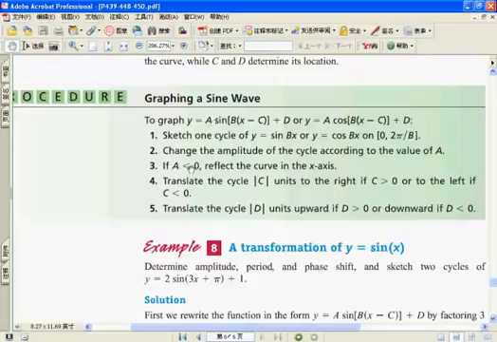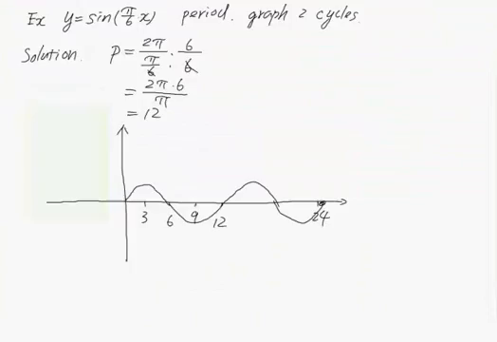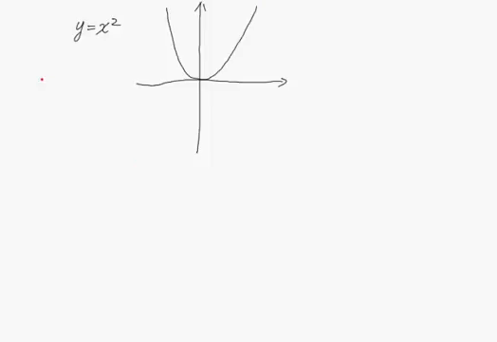Now, if a is less than 0, then we need to reflect the curve in the x-axis. Actually, let me show you one example. We know y equal to x squared is the function of a parabola, right? And its graph is like this. And how about y equal to negative x squared?